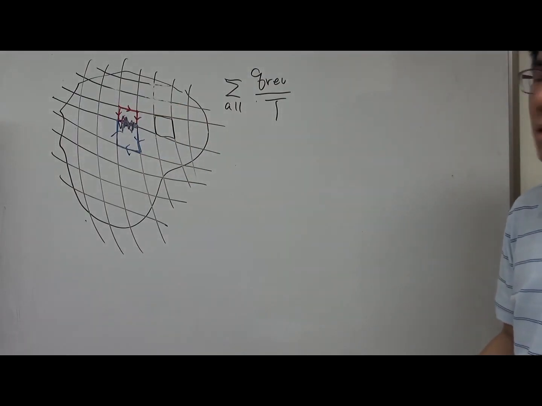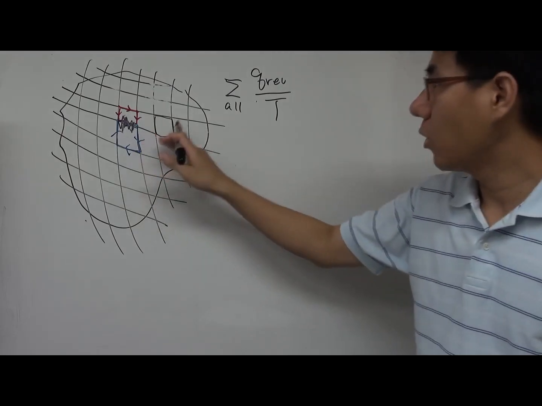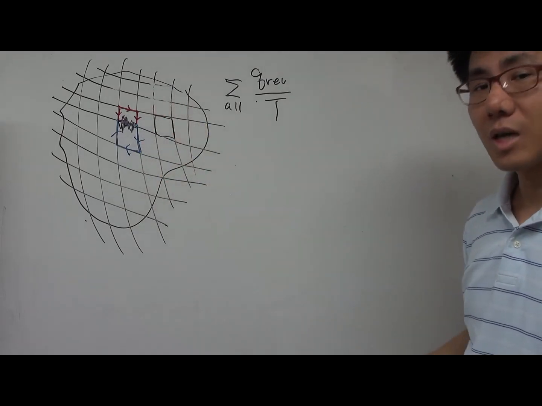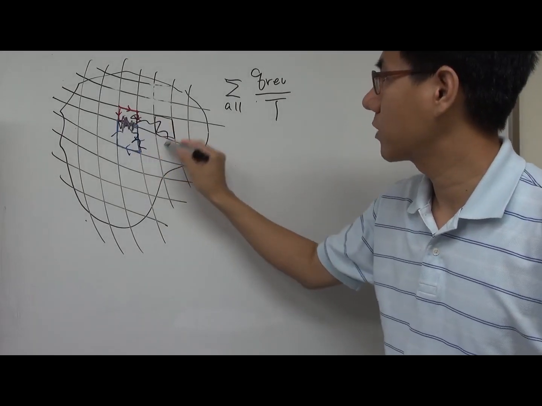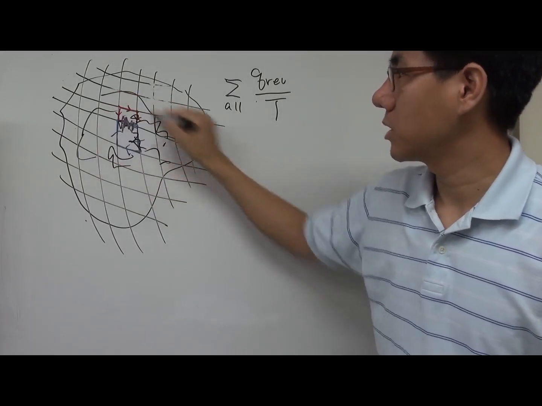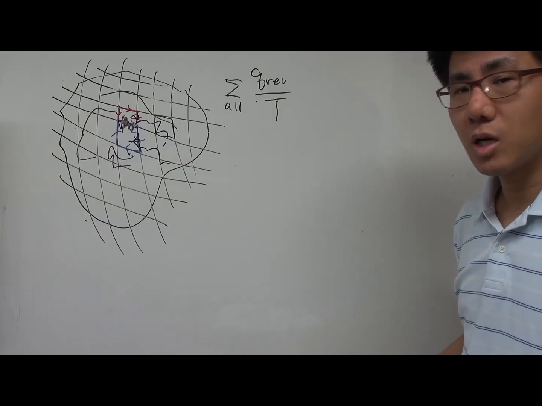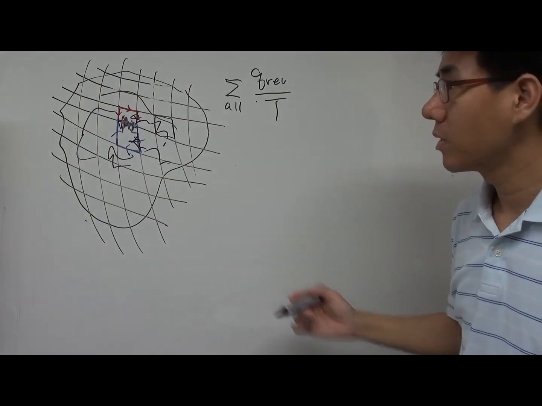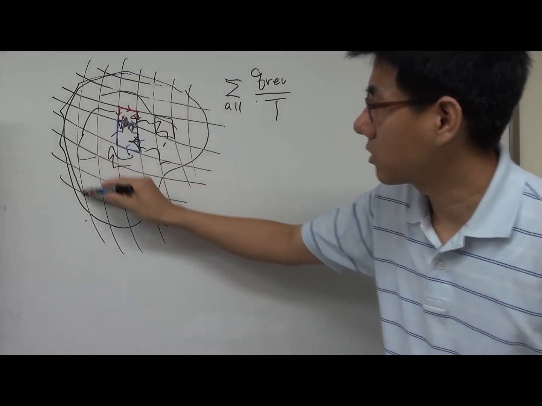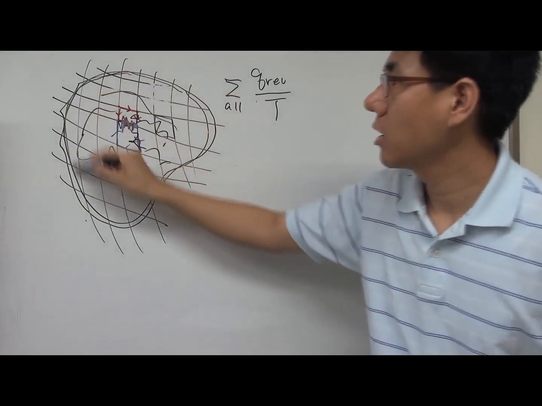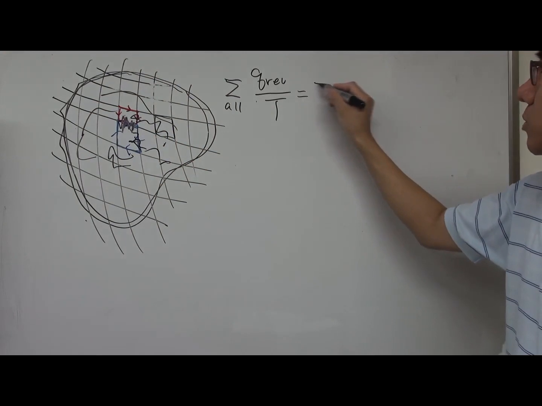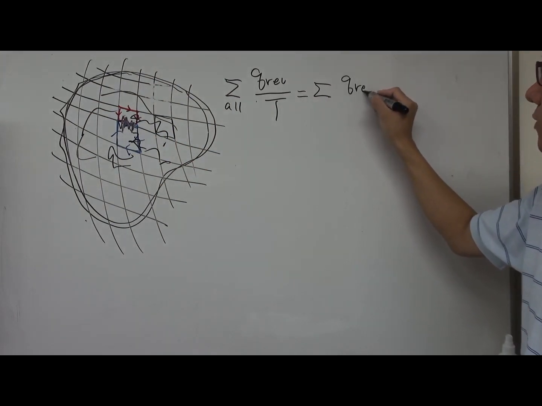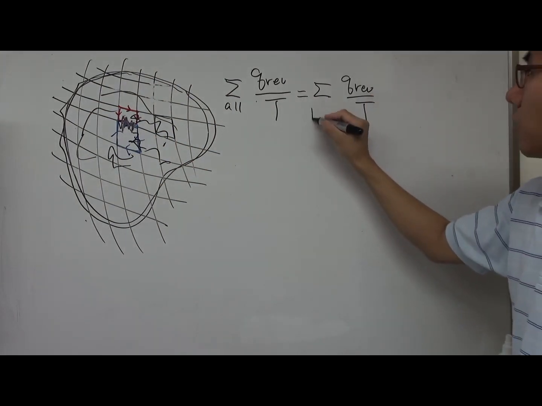It happens for all of these small Carnot cycles when they meet together, all of them inside, except along the perimeter. So this should be the same as Q reversible over T for the perimeter.